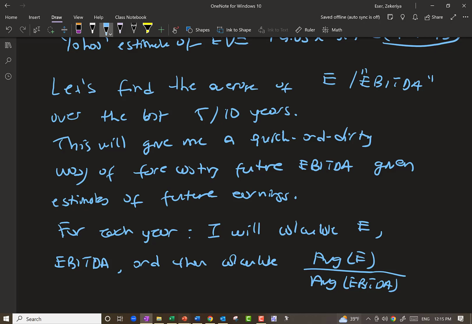Certain years will have negative earnings. Basically, comparing the ratios of the averages is the same thing as adding 5-year earnings, dividing 5-year EBITDA. It basically reduces the amplitude of those potential developments.